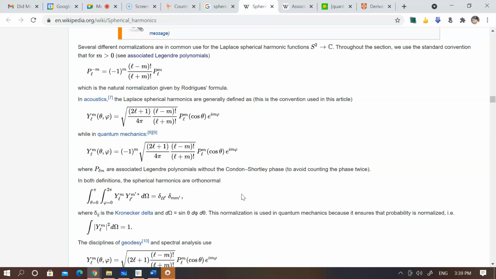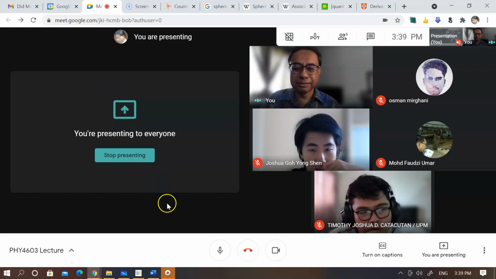This one is just a normalization condition, and this one is the orthogonality condition. The one that we had just now is actually an integral over three spherical harmonics. One of the spherical harmonics belongs to the coupled representation, and the other two belong to the uncoupled representation. Does that answer your question?